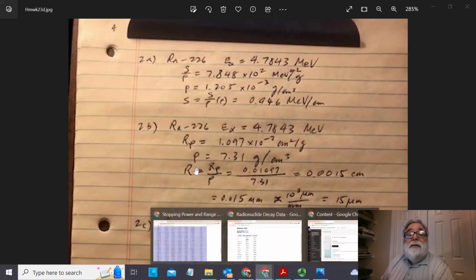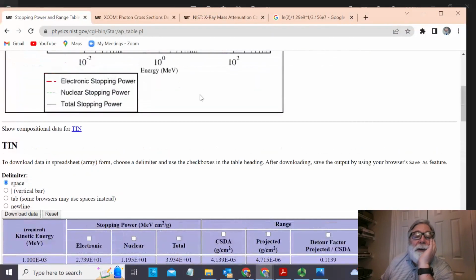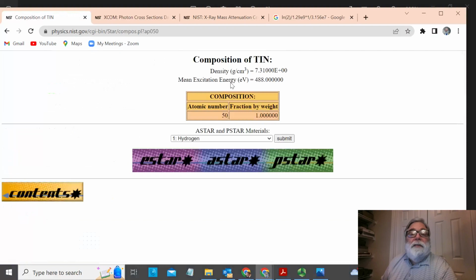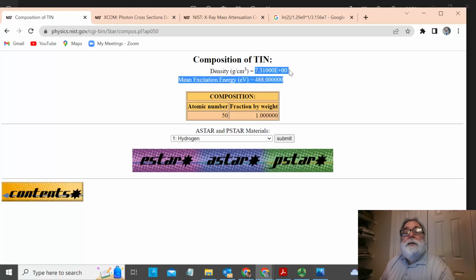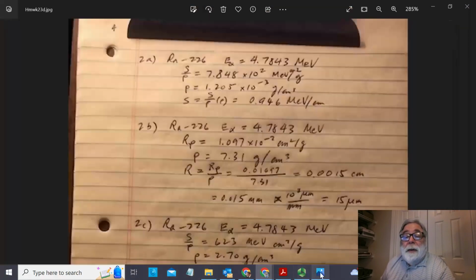What is the density of tin? I got different answers from different people, but we're going to look up the properties of tin. In this database, they used the density of tin to calculate the attenuation coefficient, so I'm going to use it to unwind it. It's 7.31 grams per cubic centimeter. Here's my homework.